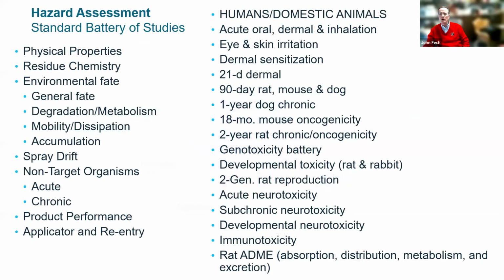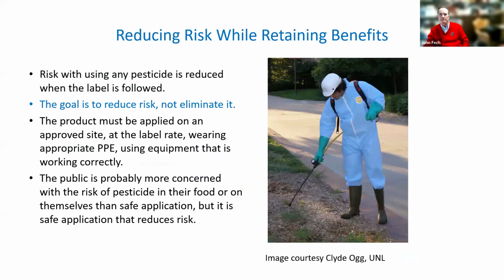Here's another whole long list of all the different tests that are done. This is just a standard battery of tests, but sometimes other tests are done if there's a specific concern or history of using a particular active ingredient.